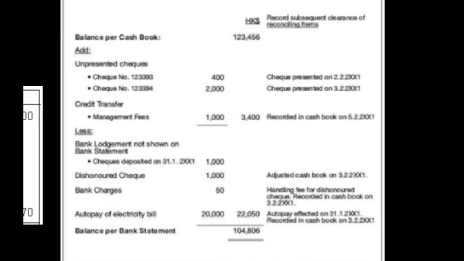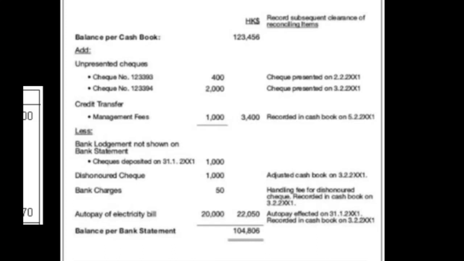As the bank has not deducted it yet, there is a way to get the balance equal: you should deduct it from the bank statement, or you must add it back to the cash book, as the bank has not deducted it, so the cash book should not deduct it as well. So the cash book will add 400 and 2000 back into its books.